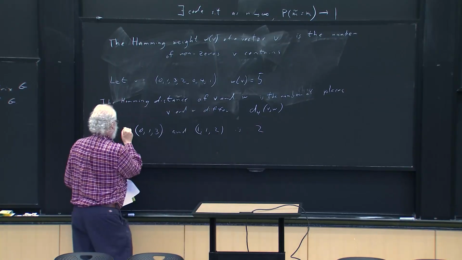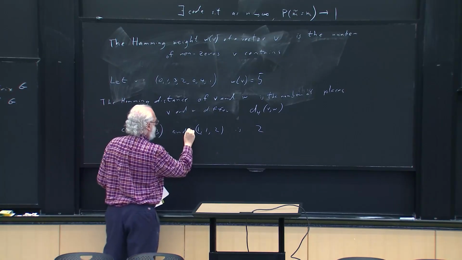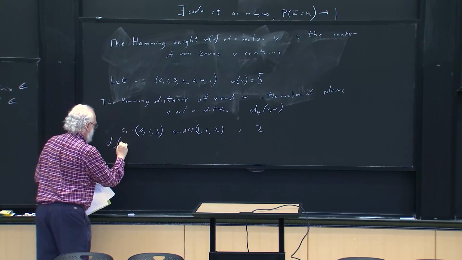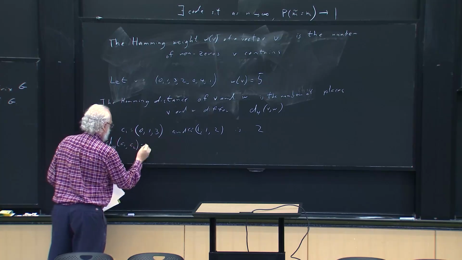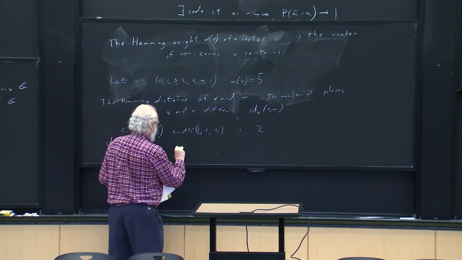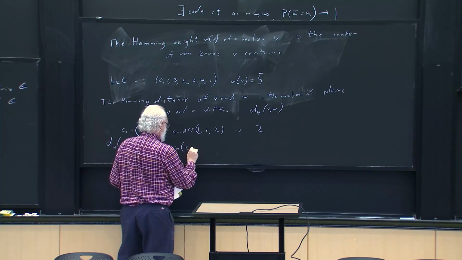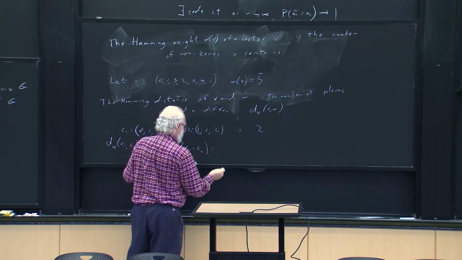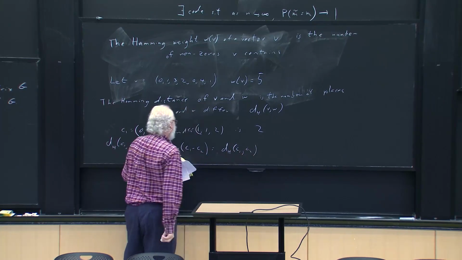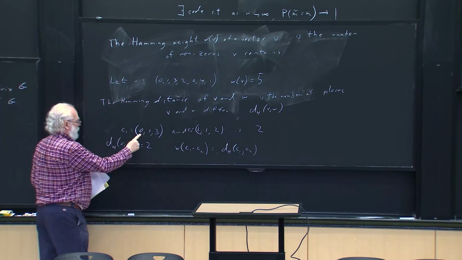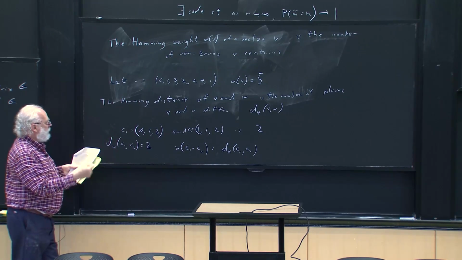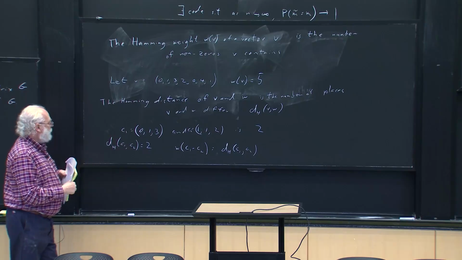So call this C1 and C2. The Hamming distance between C1 and C2 is equal to 2. And it's easy to see that the Hamming weight of C1 minus C2 is equal to the Hamming distance between C1 and C2, because if 2 bits are the same, then their difference is 0, and if 2 bits are different, then their difference is non-zero.